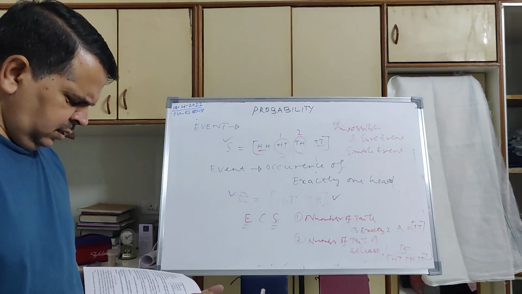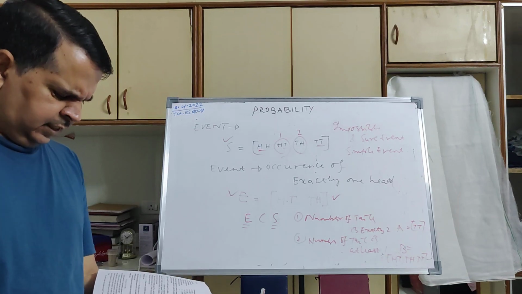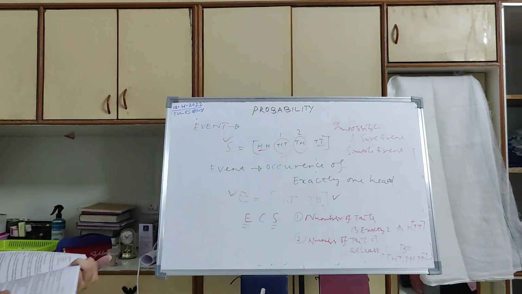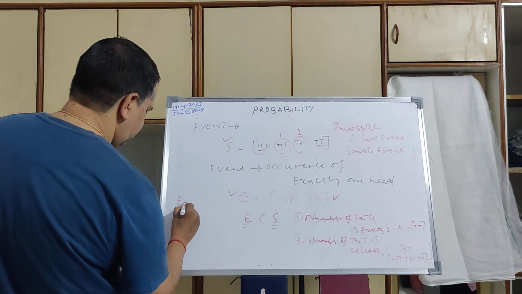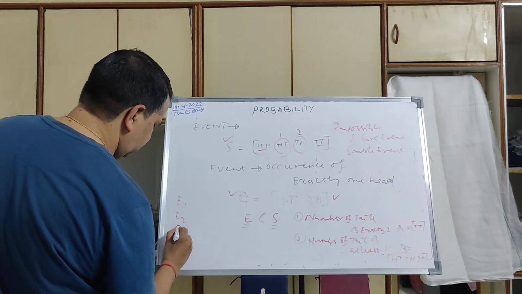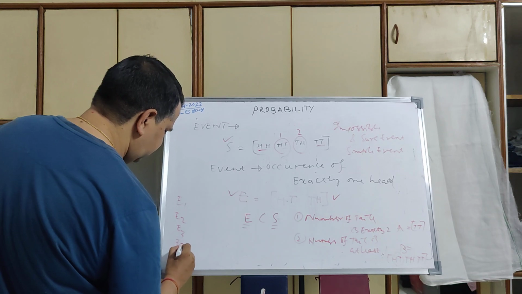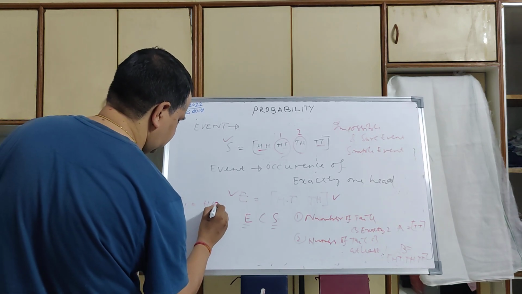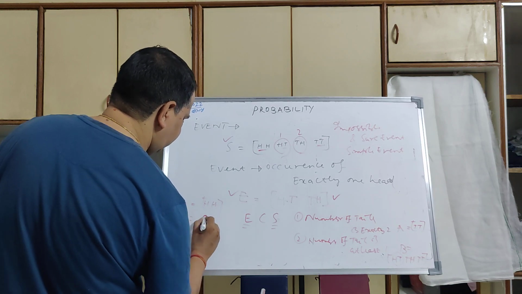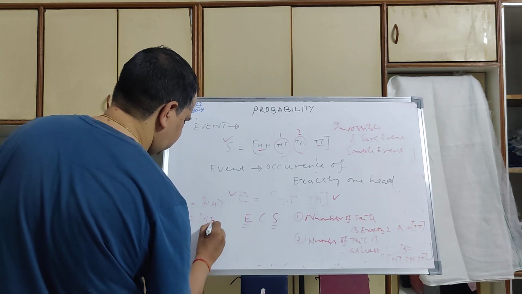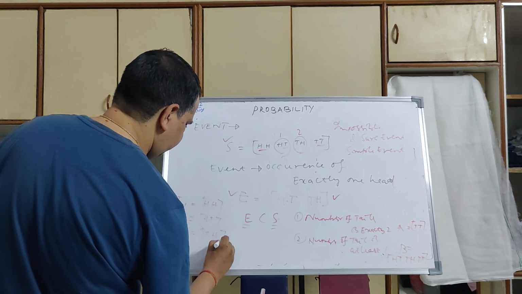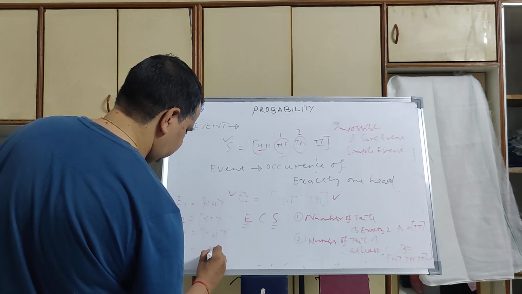So HH, HT, TH, TT are called E1, E2, E3, E4. These are simple events if E1 is only HH, E2 is only HT, E3 is only TH, E4 is only TT.